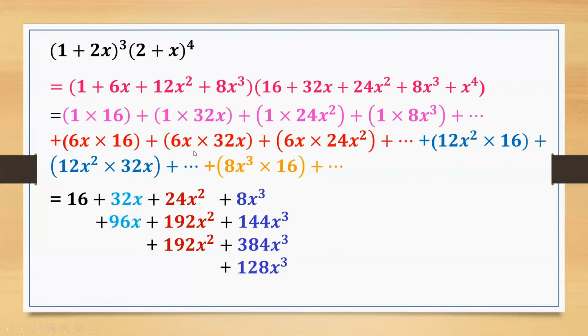Plus 192x² plus 144x³ plus 192x² again plus 384x³ plus 128x³. So now we need to add the like terms. And this will give me 16 + 128x + 408x² + 664x³.